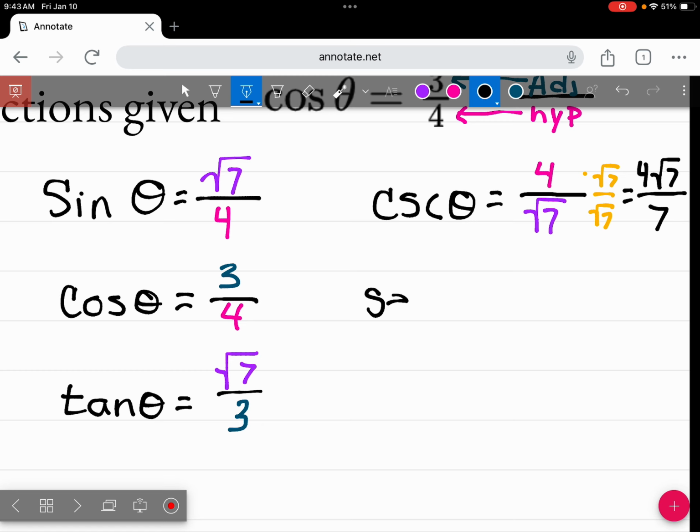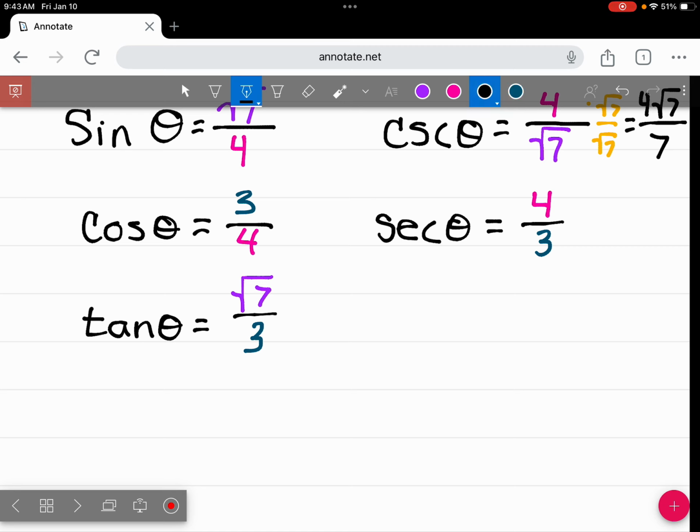All right, so then let's do secant. Remember, that's the reciprocal of cosine. So that's going to be 4 over 3. And cotangent, last one for today.